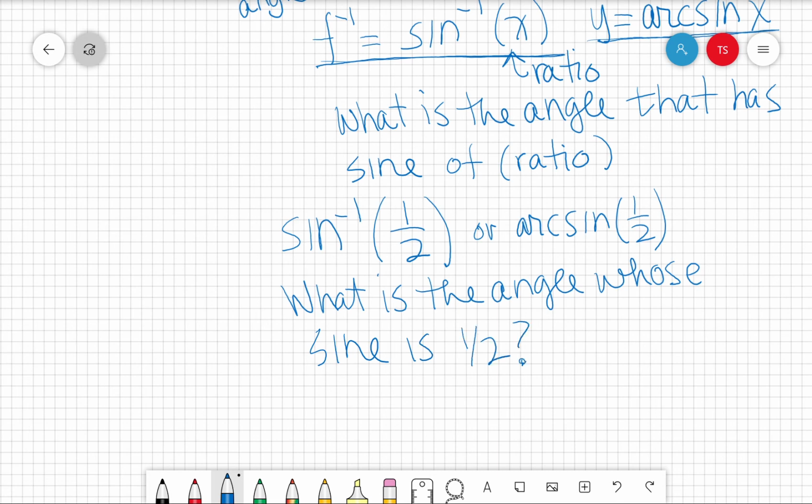And the answer to that is the angle is 30 degrees, or pi/6 in radians.